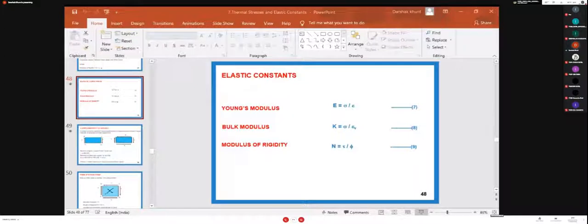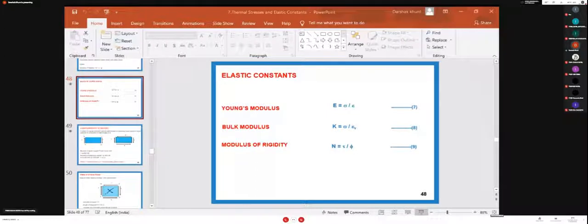Young modulus is defined as linear stress by linear strain. Bulk modulus means stress by volumetric strain, and modulus of rigidity is related to shear, so shear stress by shear strain.